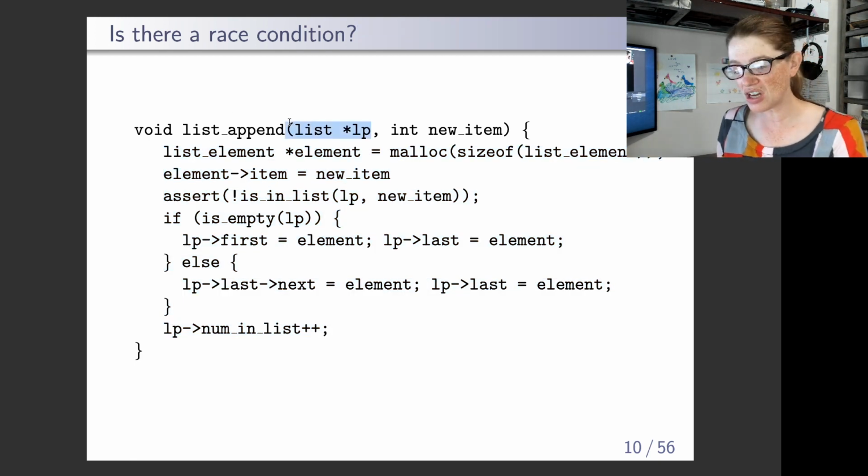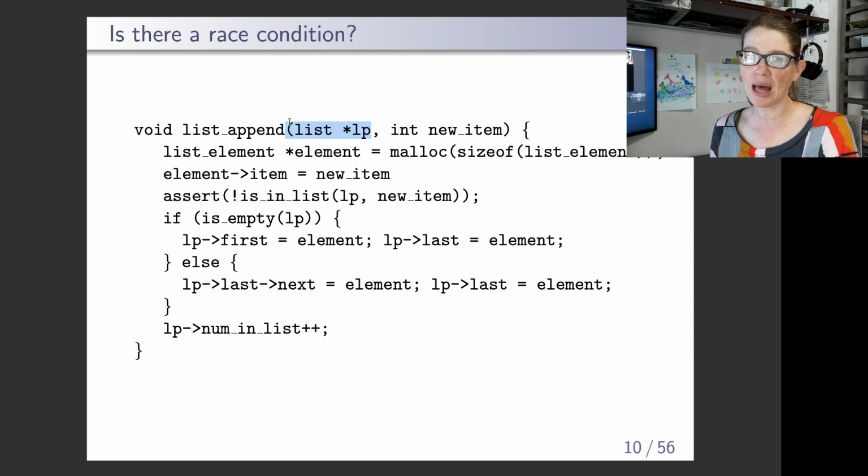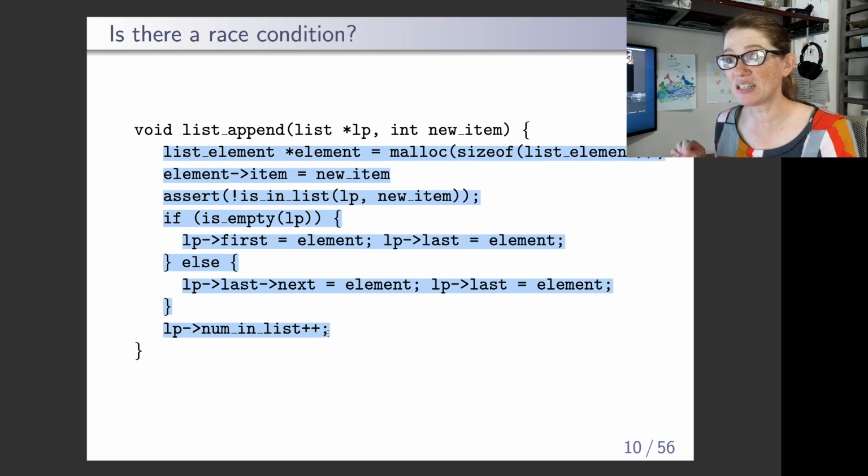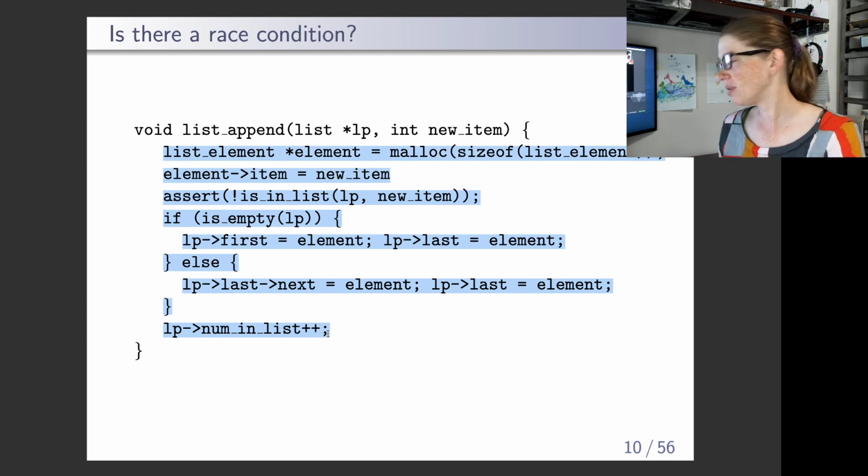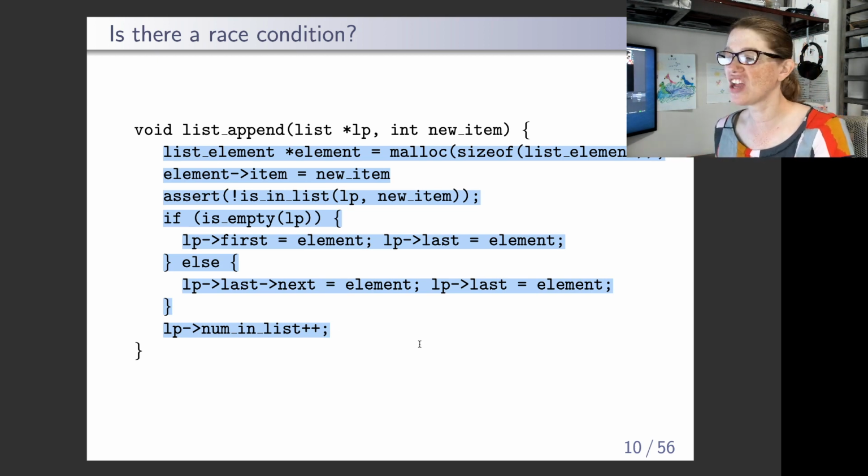So the race condition happens when we have multiple threads reading and writing the same piece of memory at the same time. It just so happens that if two threads are trying to execute this piece of code on the same list at the same time, we end up with a problem. How do we fix this critical section here?